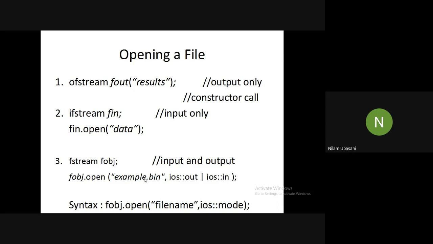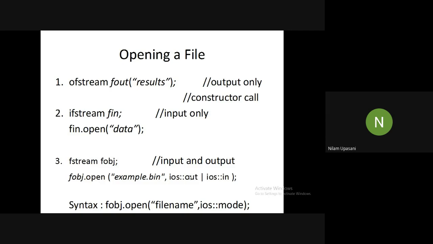Now see here, it is very clear that we are performing an output operation. Here it is very clear that we are inputting the data from that file. But here we need to explicitly mention in which mode we are opening it. That's the reason for this mode: we want to perform in as well as out operations on this file, that is, both reading as well as writing.